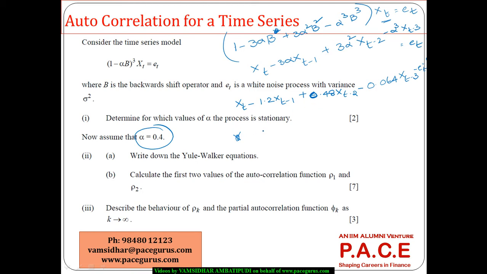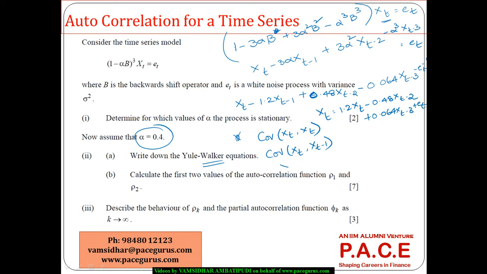Now if I want to write the Yule-Walker equations, it's as good as finding the covariance between X_t and X_(t-1). So first I write X_t as 1.2 X_(t-1) minus 0.48 X_(t-2) plus 0.064 X_(t-3) plus e_t.